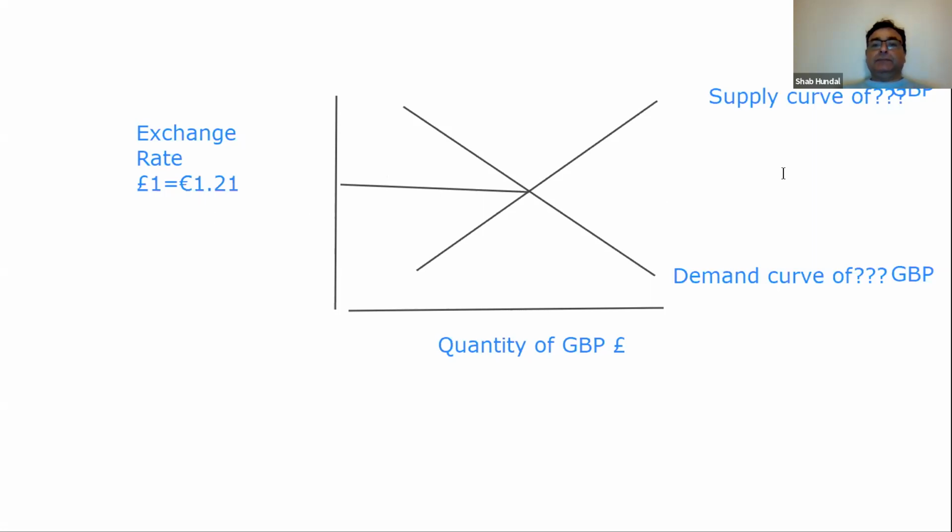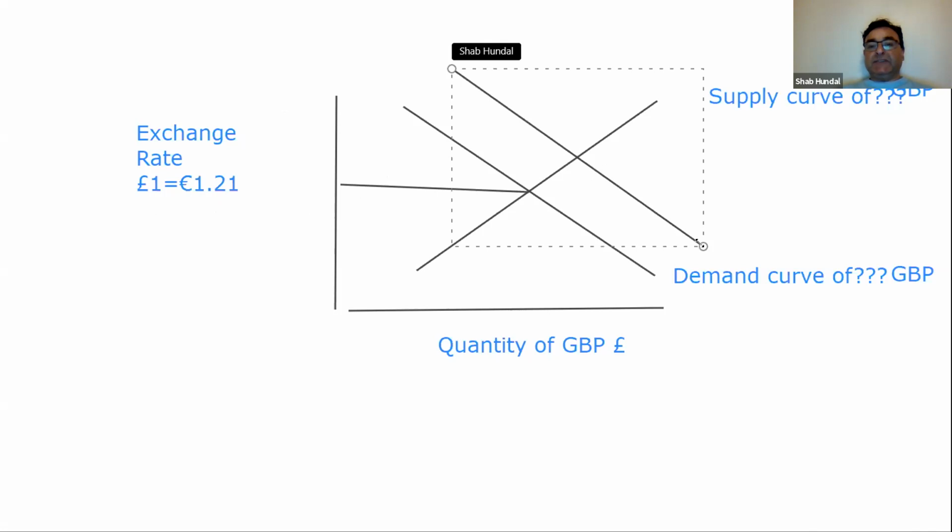Now what happens? There is a disturbance, and the disturbance is that suddenly demand for pound goes up. So basically there is an expansion in the demand for pounds.